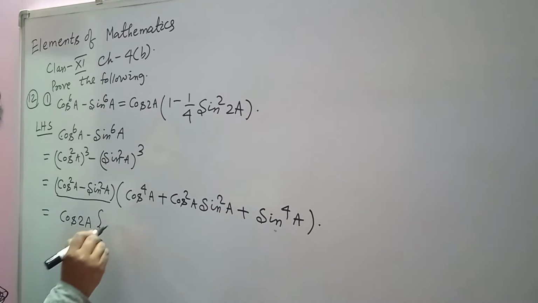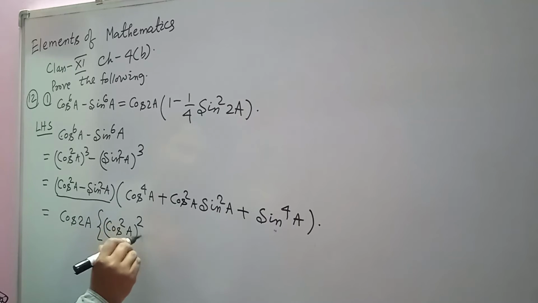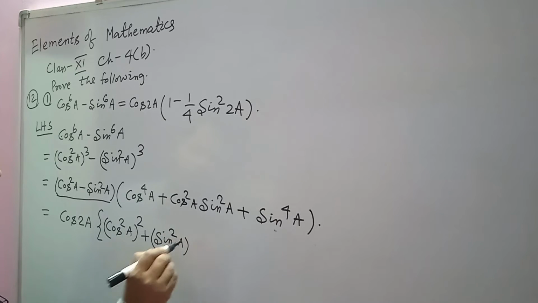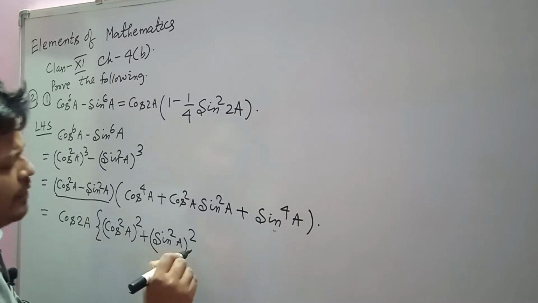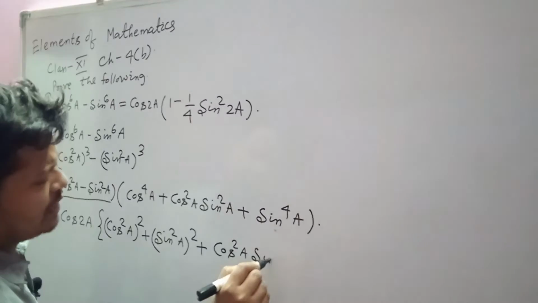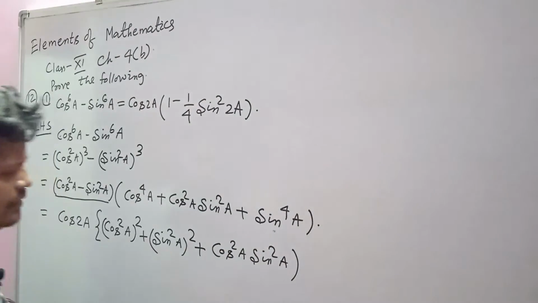Again you can write cos^4 a as (cos^2 a)^2, and sin^4 a as (sin^2 a)^2, plus cos^2 a sin^2 a. Right.